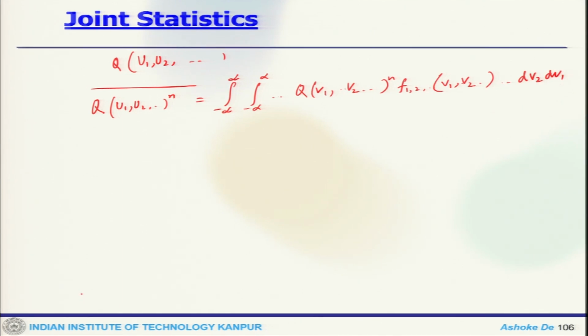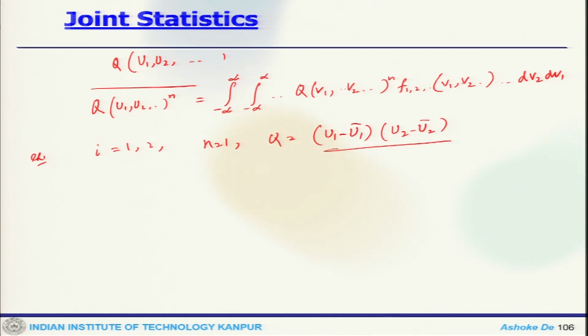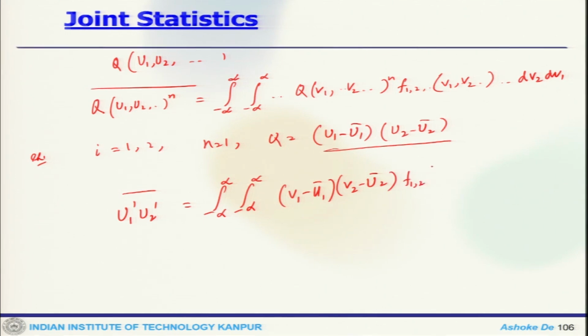One can look at the example of, let's say, i equals 1 or 2, then n equals 1, Q would be (U1 minus U1 bar) and (U2 minus U2 bar). So this is the covariance of U1 and U2, which is the integral from minus infinity to plus infinity of (V1 minus U1 bar)(V2 minus U2 bar) f12 dV2 dV1.